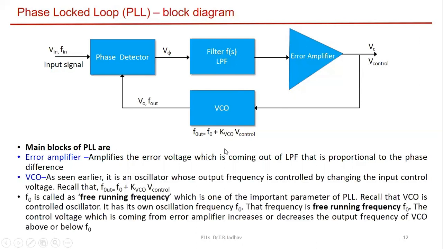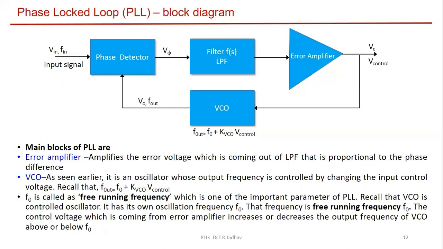So the next block is the VCO, voltage controlled oscillator. As seen earlier, it is basically an oscillator whose output frequency is controlled by changing the input control voltage. And we have seen the equation that Fout, which is the output of the VCO, is equal to the free running frequency F0 plus the transfer function K VCO multiplied by the control voltage of the VCO.